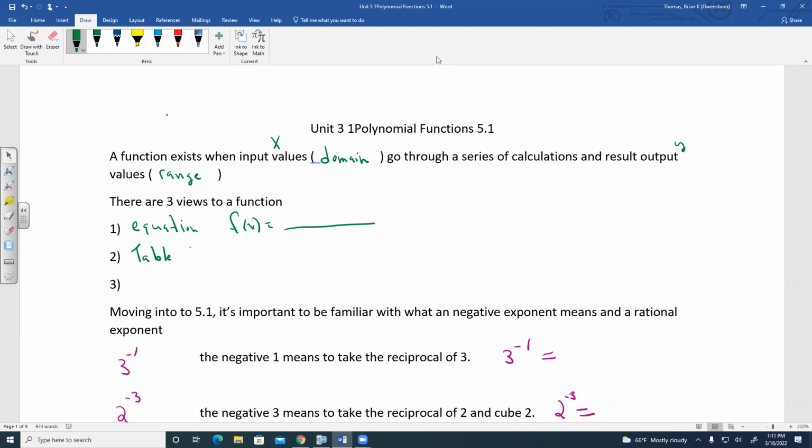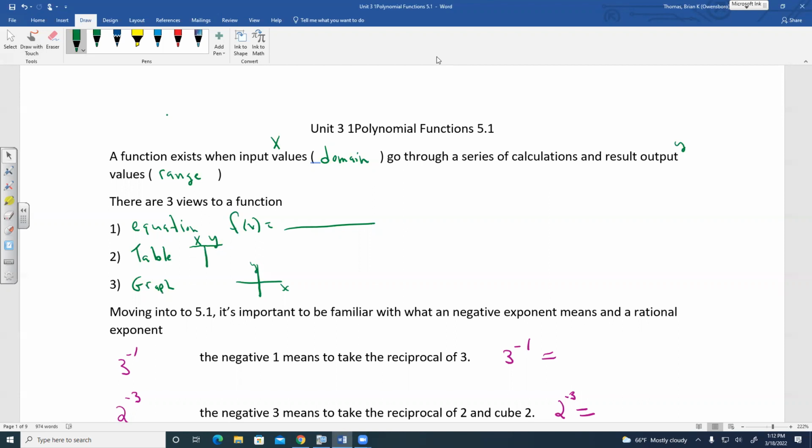So that's that big T where you have your x values and your y values. And then you have what's referred to as the graph. So you have your x-axis and your y-axis, and you'll have the graph of the function on the graph.